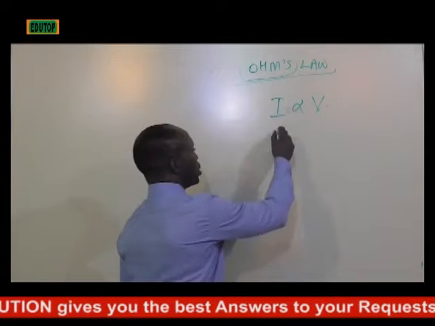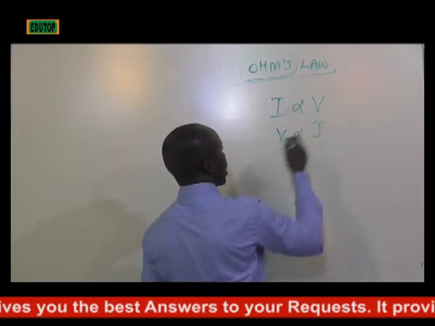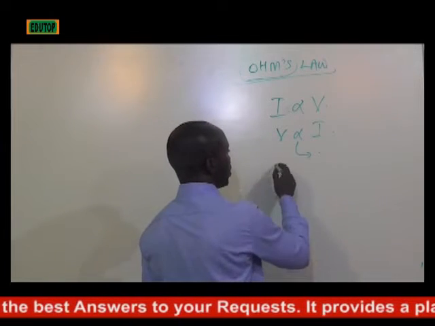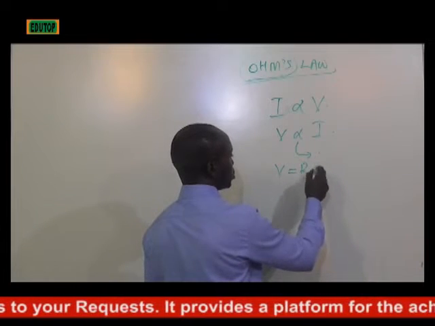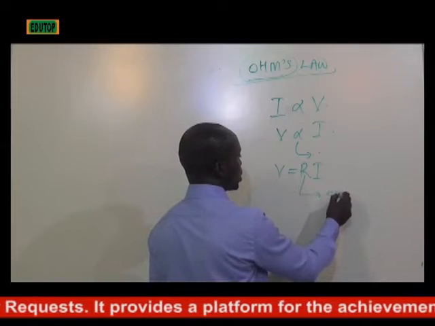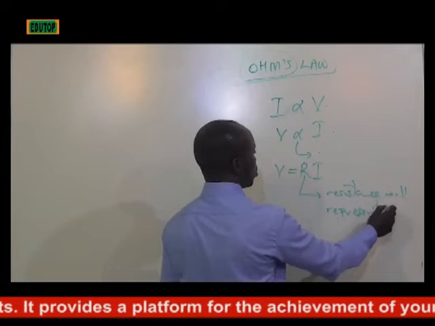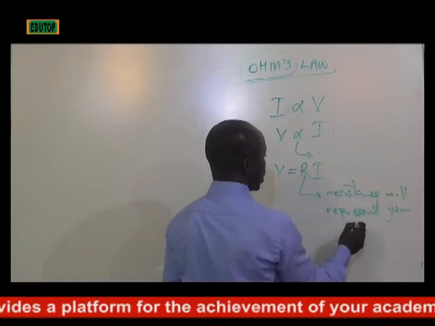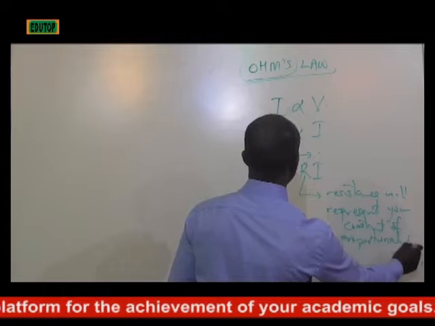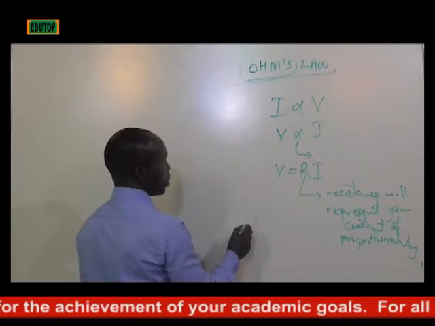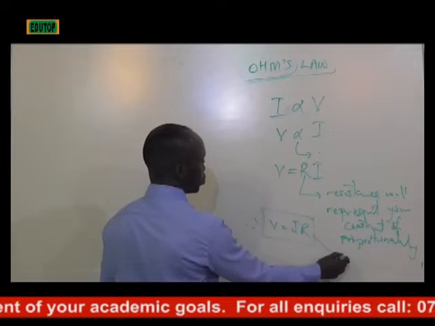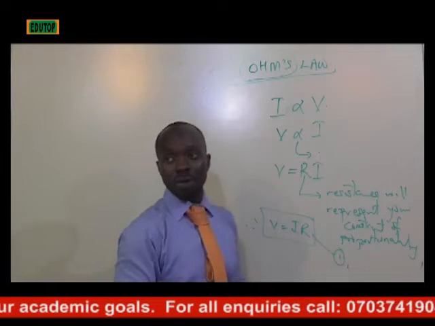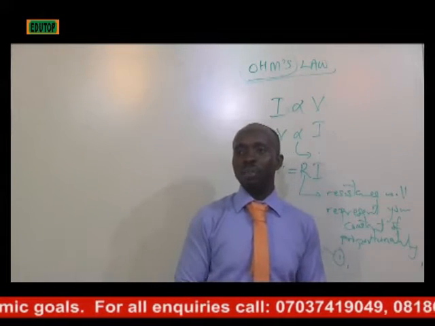So that's V proportional to I. If you remove the proportionality sign, the constant of proportionality is R. Your R, which is your resistance, represents the constant of proportionality. So therefore V equals IR. Equation 1. Hope you are following. It's as simple as ABC.